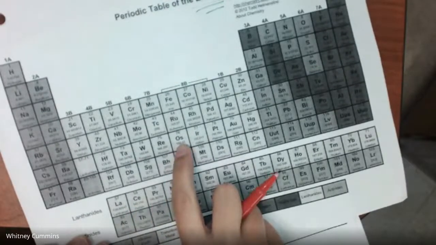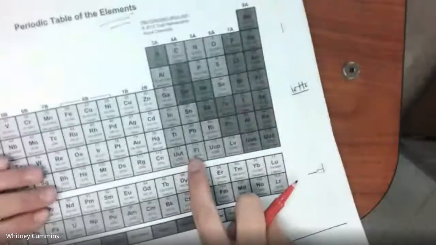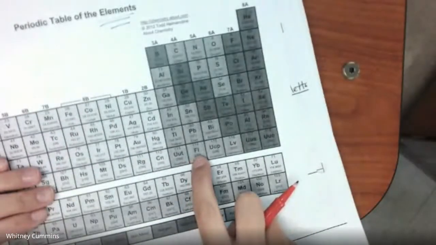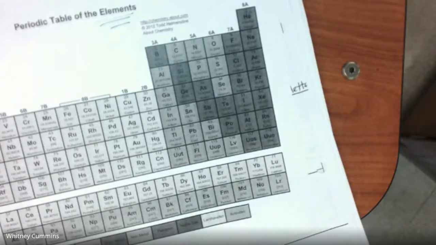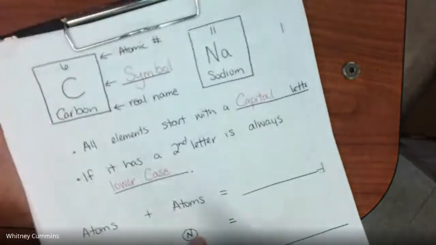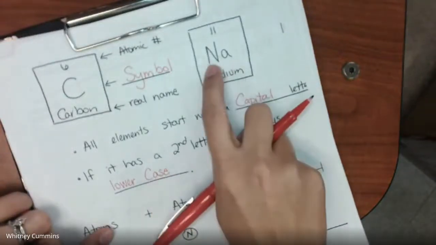Up here, my second letter is an S and it's lowercase. There are a few that have 3 letters, and if it's past the first one, it's lowercase, lowercase. This just helps us tell how a new element starts. A new one always starts with a capital letter.